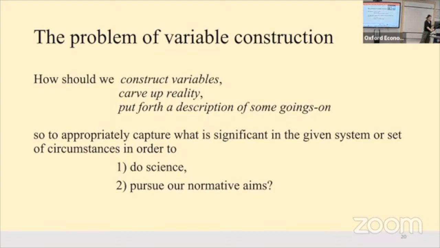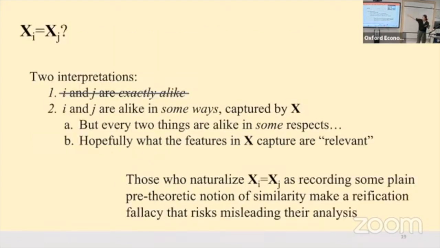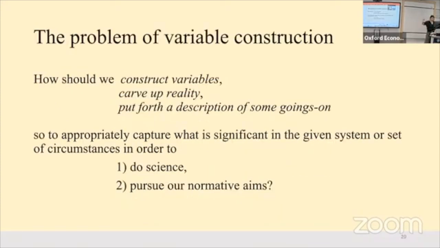So once we realize that we're going to often want to make statements like xi equals xj, and we want them to capture the relevant kinds of similarities, our task becomes, what are the kinds of features out there in the world that will capture the relevant kind, that won't glom on to irrelevant similarities and irrelevant differences, which there are always an innumerable number of. So that's the problem of variable construction.